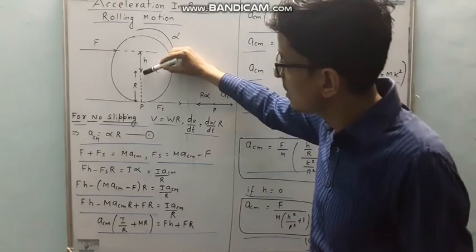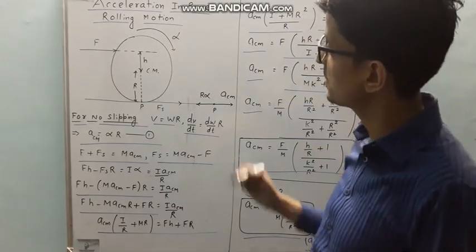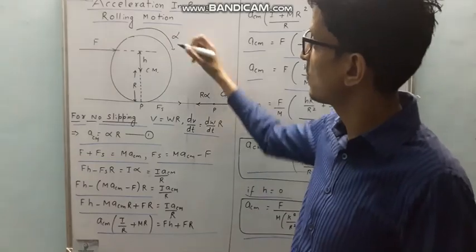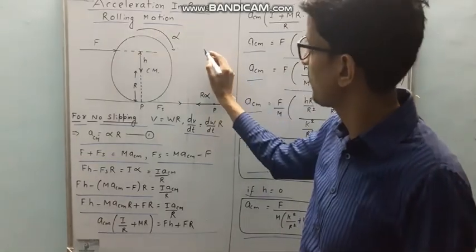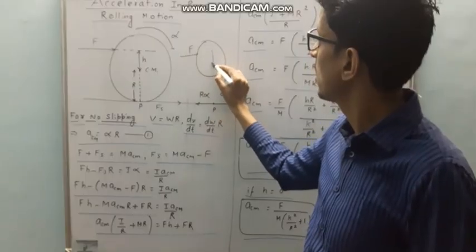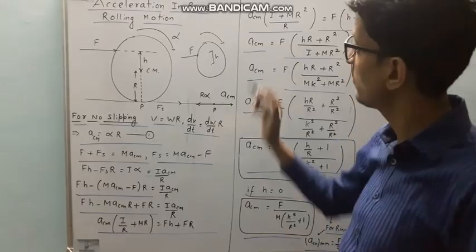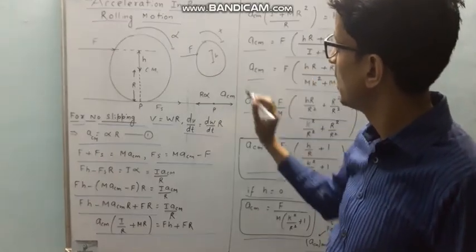Now if we take the torque of these forces about the center of mass, you can see that this force F will be producing a torque in clockwise sense, and we have taken that as positive.